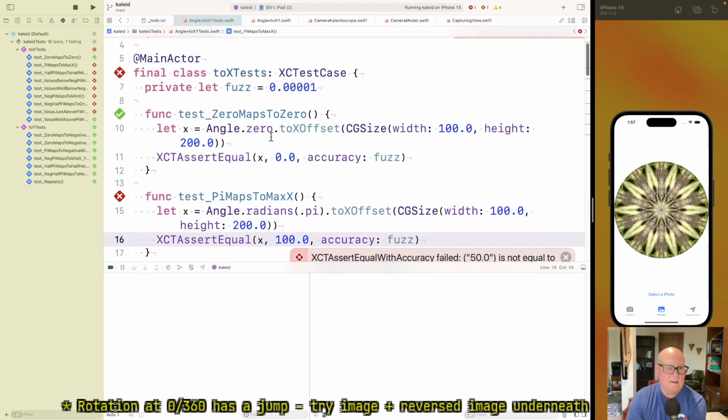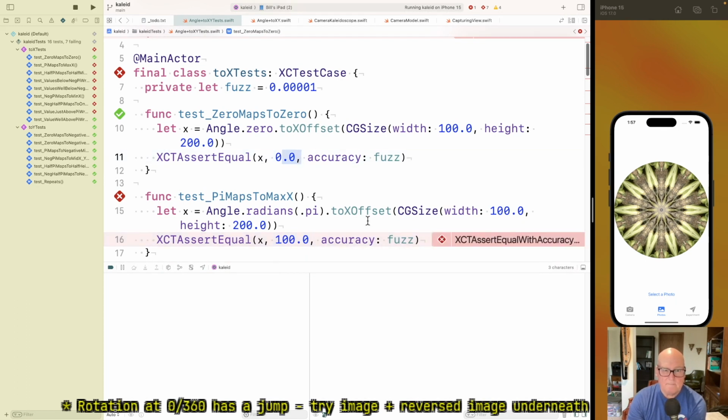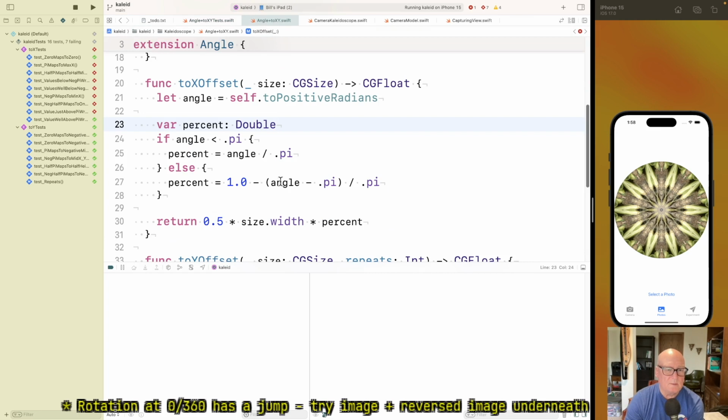Interesting. Okay, so 0 to 0. Radians pi. Well, okay. That's under our if statement. So pi, it's less than pi. Otherwise, in our case, it's equal to pi.